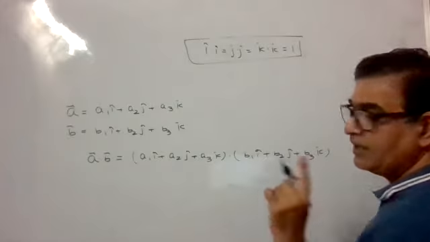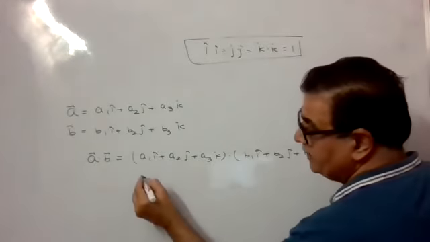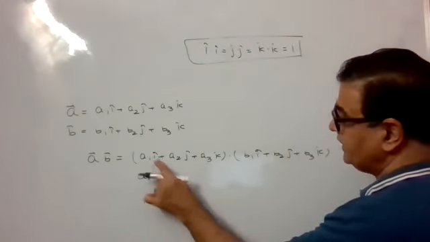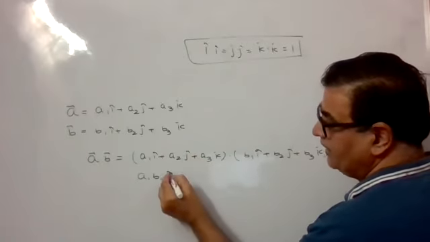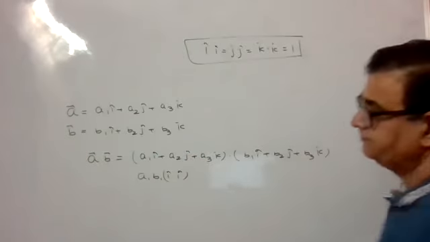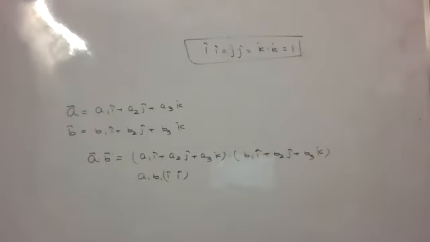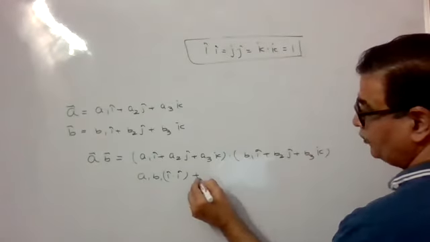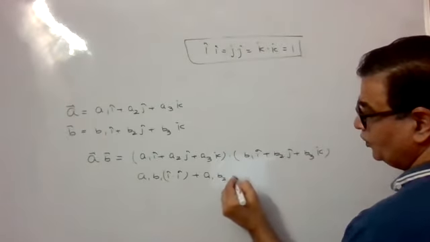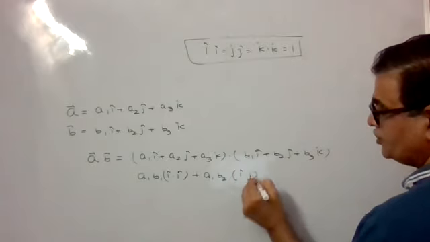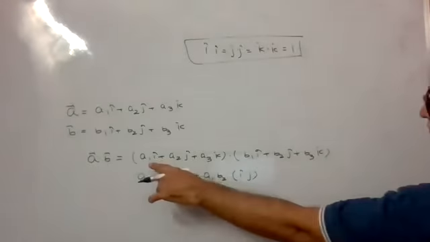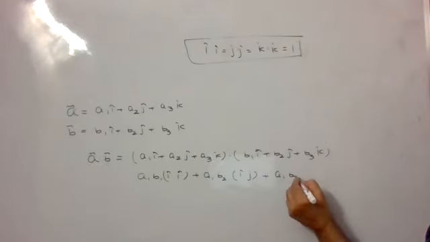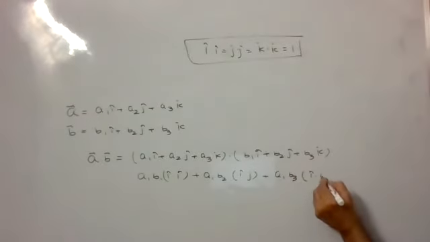A1 and B1 are the scalar numbers, so we will keep them the same, A1 B1. Vector is i and i, so we have i dot i. Then I'll multiply this with this, so it will come out to be A1 B2 i dot j. Then this with this, it will come out to be A1 B3 i dot k.